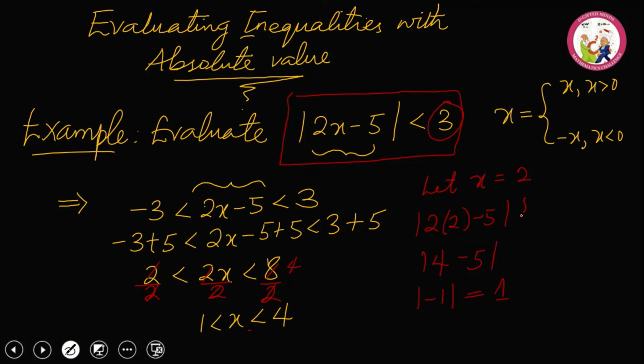The absolute value of 2 times 3 minus 5 is 6 minus 5, which is the absolute value of 1, which is also 1, and 1 is strictly less than 3. So all the numbers between 1 and 4 are the values that satisfy this inequality, the absolute value of 2x minus 5 strictly less than 3.